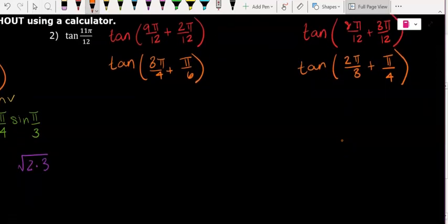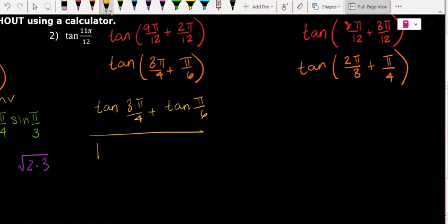So I'm going to set it up in the equation that we're given for tangent. That means I've got the tangent of 3 pi over 4 plus the tangent of pi over 6, divided by 1 minus the tangent of 3 pi over 4 times the tangent of pi over 6.